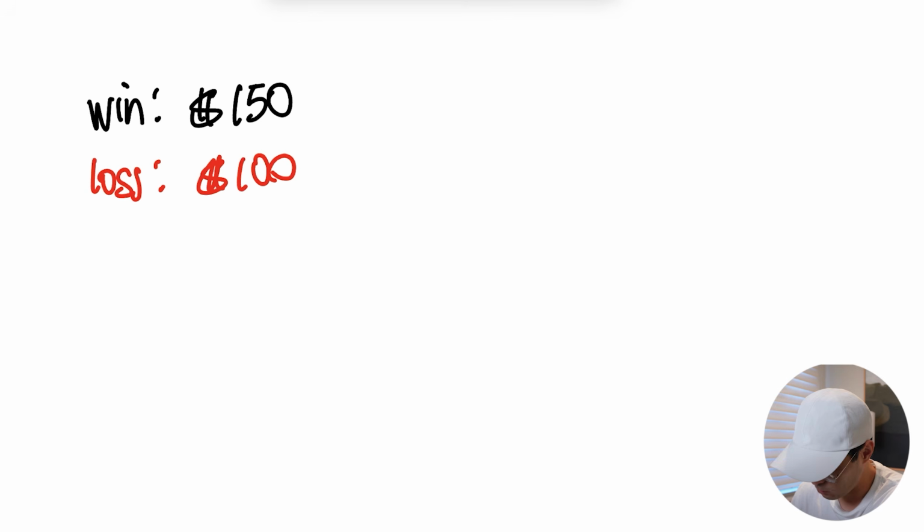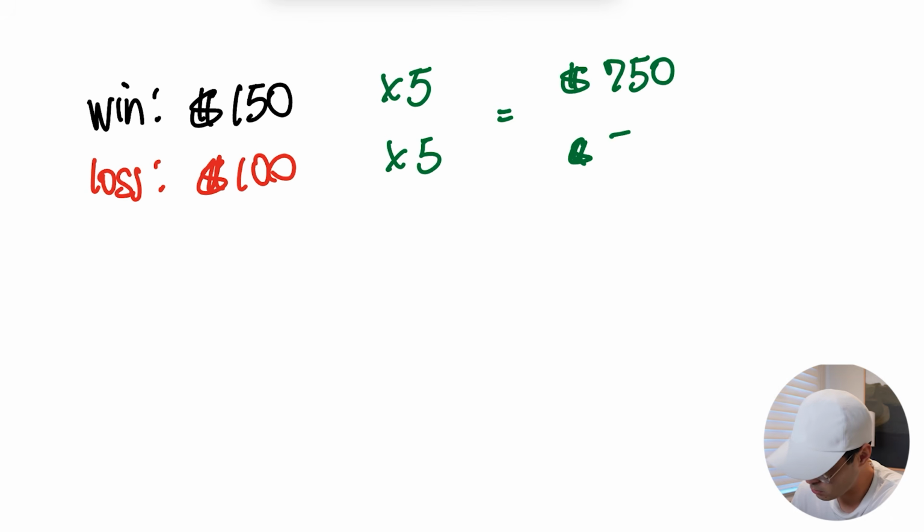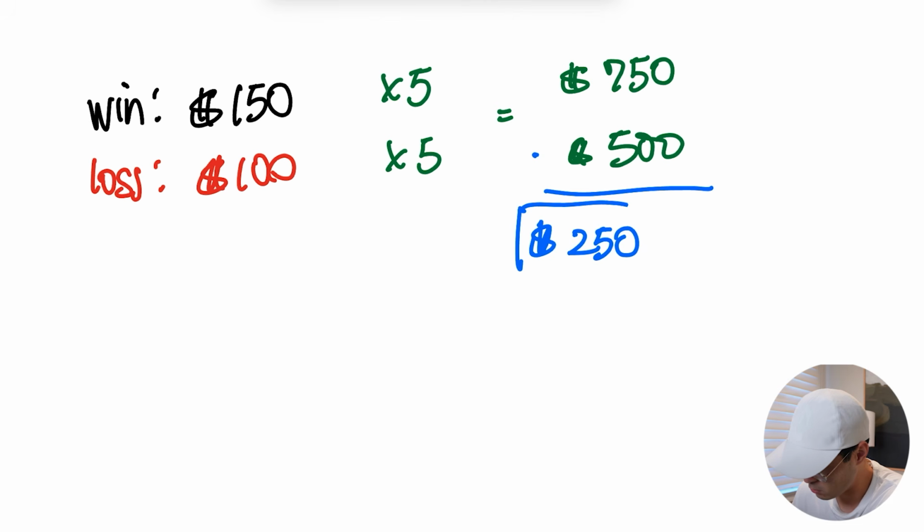Let's say that I win 5 times and I lose 5 times. Right? I have a win rate of 50%, which is not great, but it's not bad. I would end up making $750 and I would end up losing $500, which means my ultimate P&L at the end of 10 trades will be $250 positive.